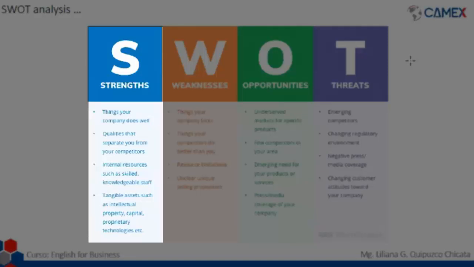For example, let's say I have a restaurant. If my food is really delicious, that would be a strength because it is a thing that my company does well. Another would be the qualities that are going to separate us from our competitors. If we take the restaurant case again, what separates us from our competitors would be that we offer many options for a main course.